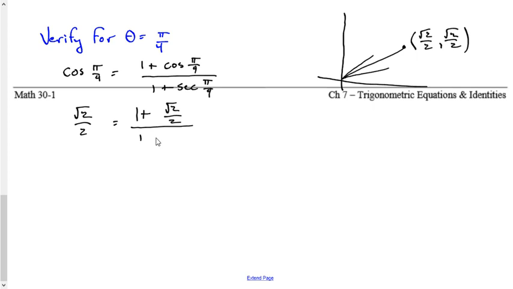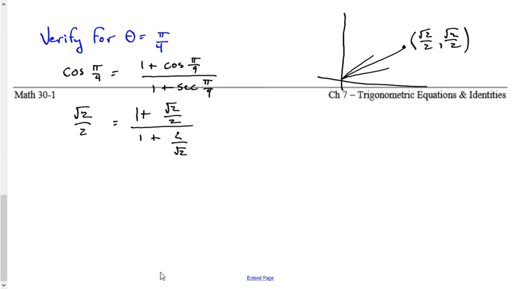And then secant. This is where special triangles would have made it a little simpler, because secant pi by 4 would just be root 2, but I'm going to use the unit circle again, so this will be 2 over root 2, just doing the reciprocal of this x coordinate.